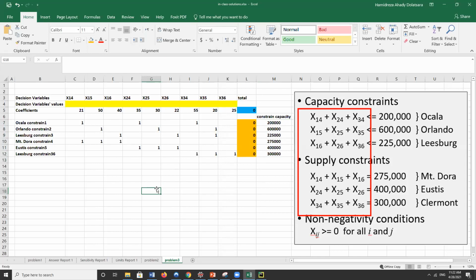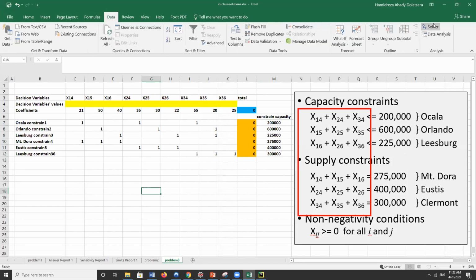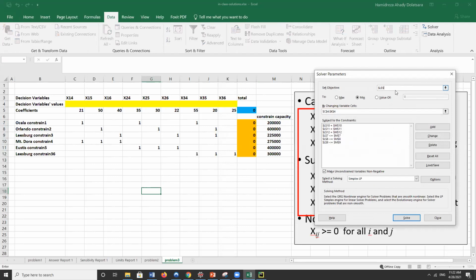And the last step, you should just tell Excel, where is my objective function? Where are my decision variables? And where are my equations? The first cell is just this blue one. I'm just saying this is my objective function.